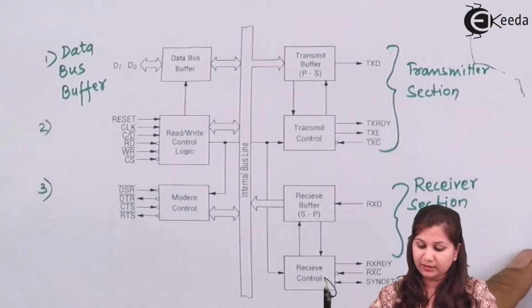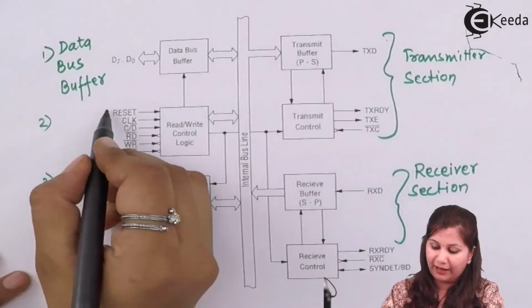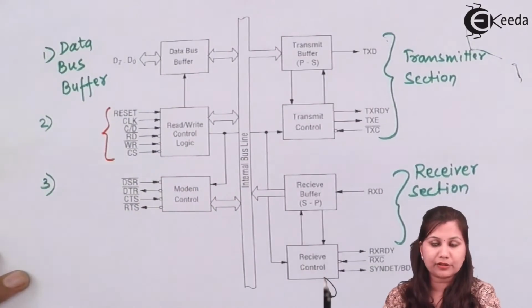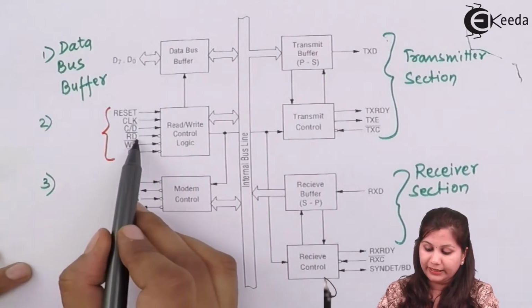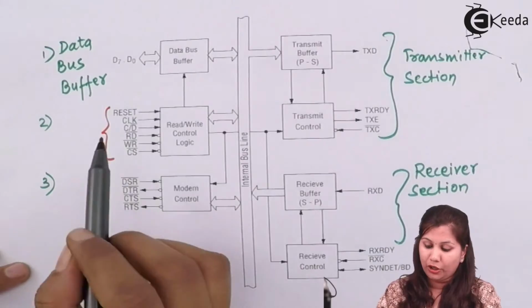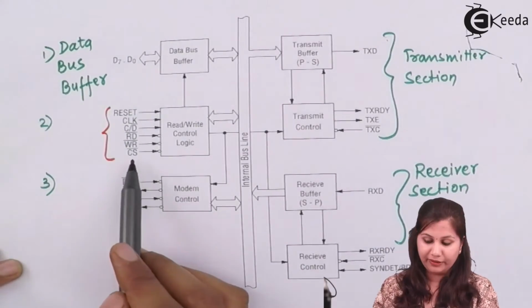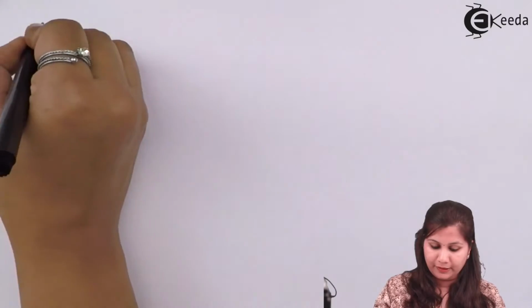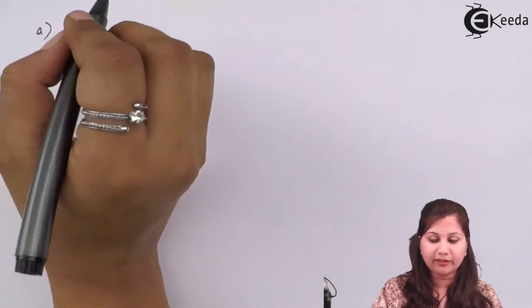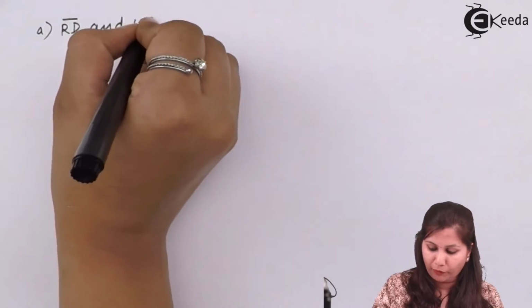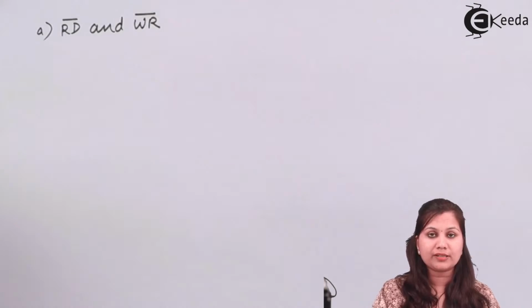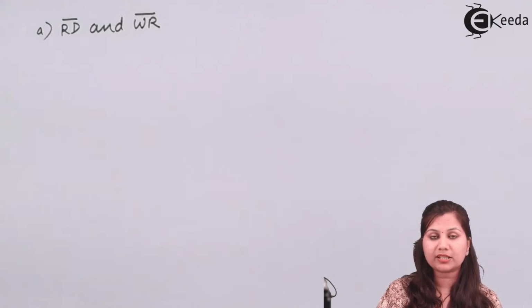Now in the block diagram you have seen that along with this read and write control logic, we have different interfacing signals also, like reset, clock, C/D, read, write, and chip select. So let us study the function of these interfacing signals. First we have the read and write signals. Read and write are used to perform the read and write operations with the three registers: control register, status register, and data bus buffer.